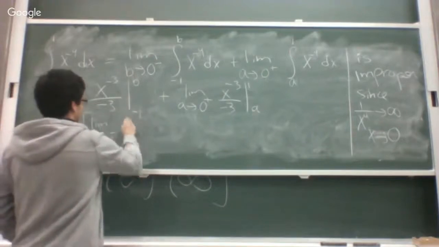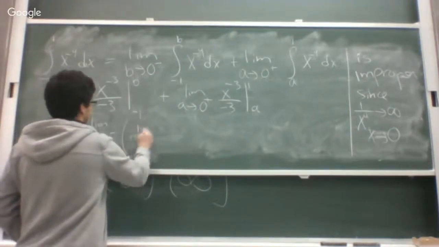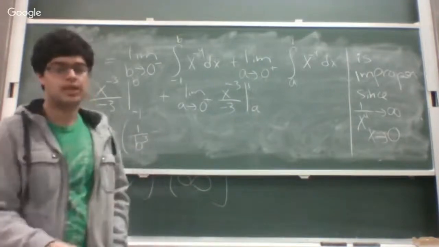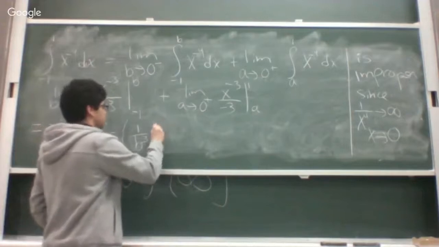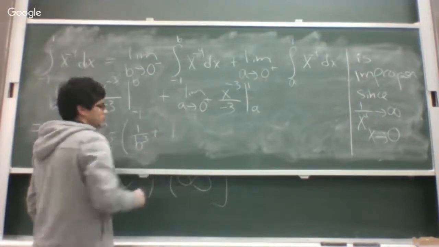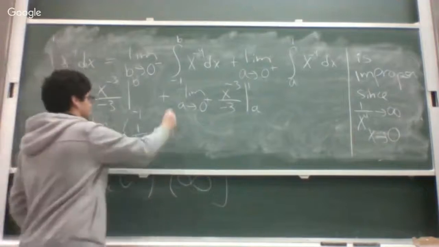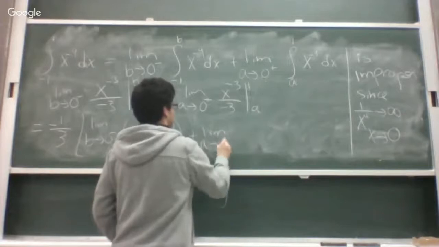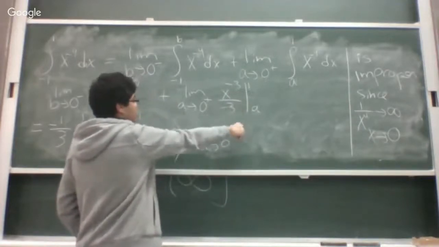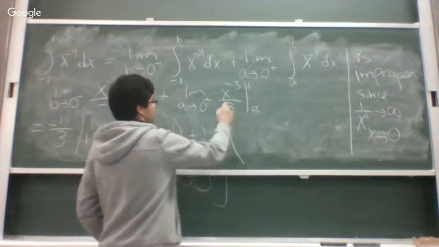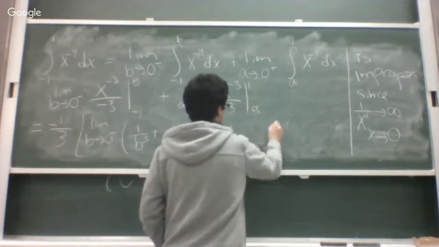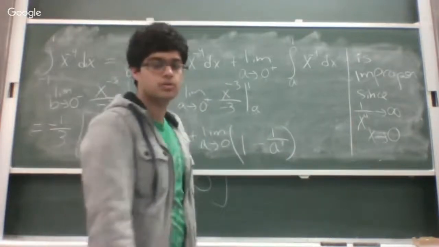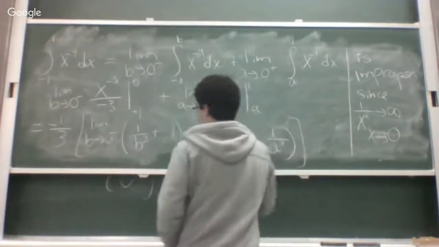Now we need to add in b, so we have 1 over b cubed minus a negative, so it's plus 1 essentially. Close parentheses, plus the limit as a approaches 0. This time we add in 1 first, so we have 1 minus 1 over a cubed. And then we close.